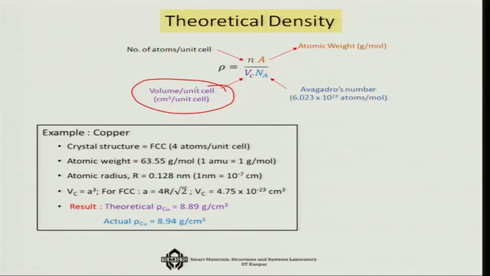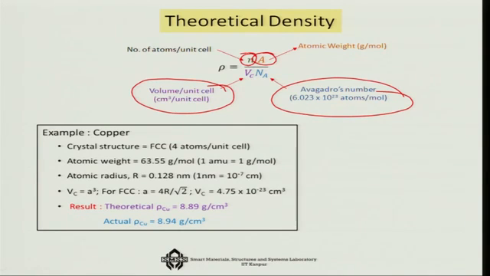Now, how many atoms can you expect per mole? That is defined by Avogadro's number. So, we know that. In terms of the number of atoms, you have the number of atoms per unit cell. And you also have the atomic weight, which gives you the mass in gram per mole. You have the atomic weight as gram per mole, and you divide by Avogadro's number as atoms per mole.